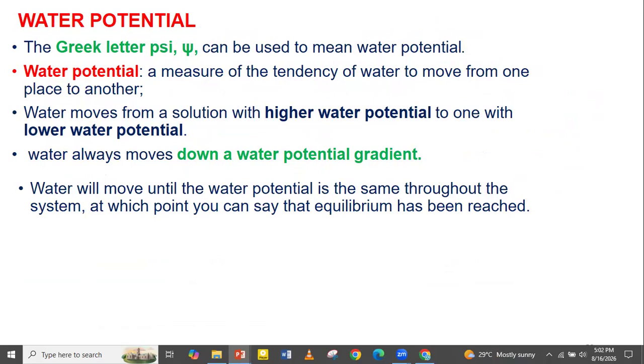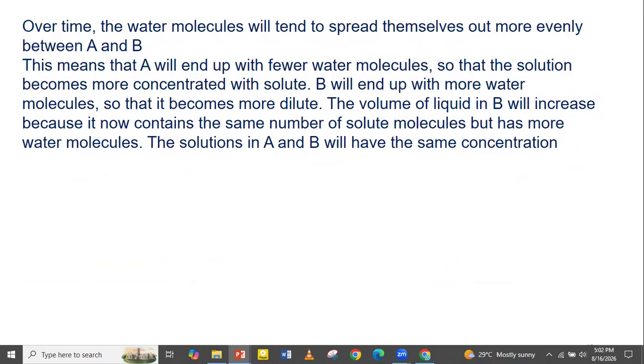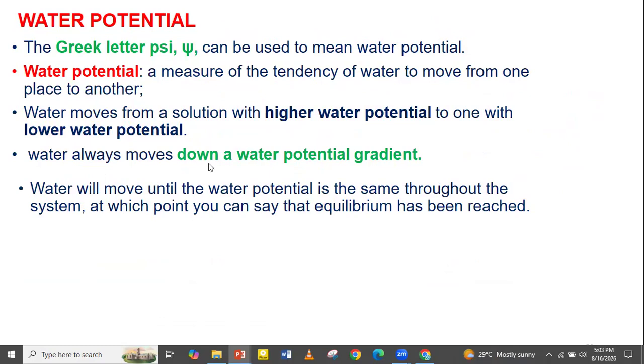When you look at those notes, that is what I've just been explaining, so I'm going to skip that. When you look at the term water potential, someone would be wondering, why are we using the term water potential? Water potential is the measure of the tendency of movement of water molecules from one place to another. So if a region has more water, the water molecules are going to tend to move more compared to a region that has less water.